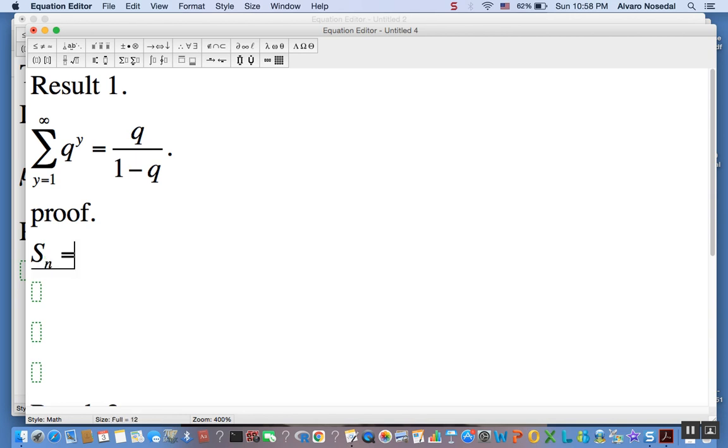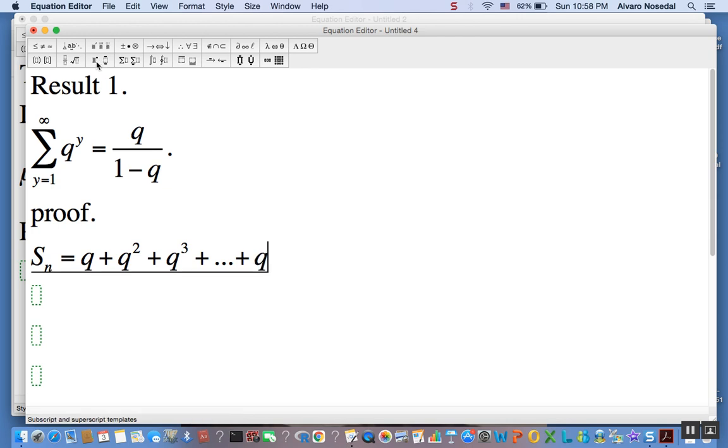We have n terms of that sum. The first one would be q plus q square plus q cube plus so on, plus q to the n power. Let me call that expression equation 1.